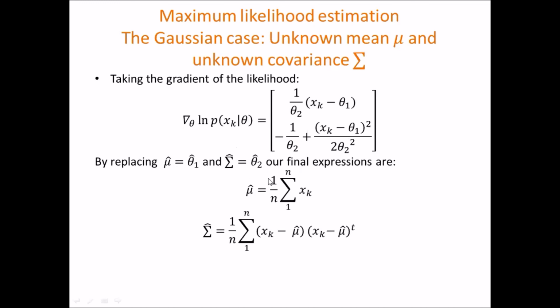I find that the estimate of the mean will be equal to 1 over n, the sum from 1 to n of xk, which can be defined as the average of all the estimated means. And the same for the covariance, it can be defined as the average of all the estimated covariances.